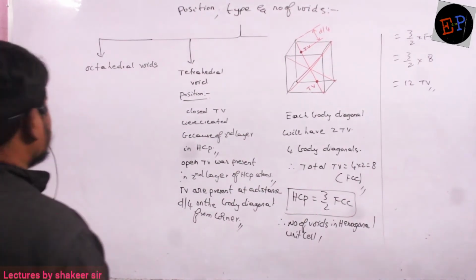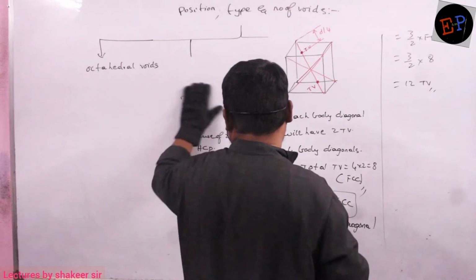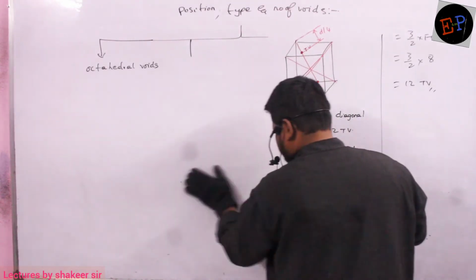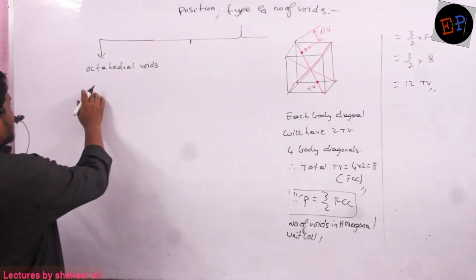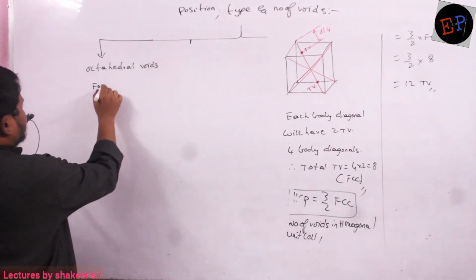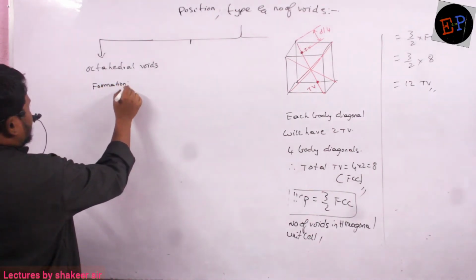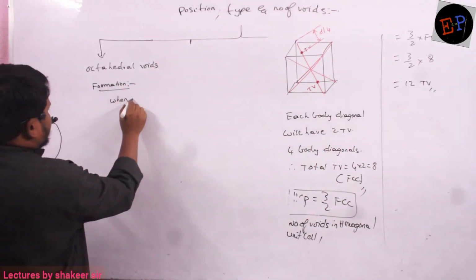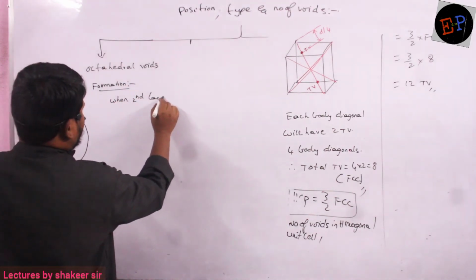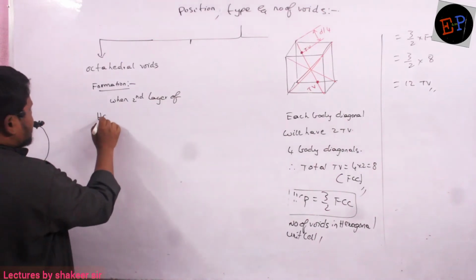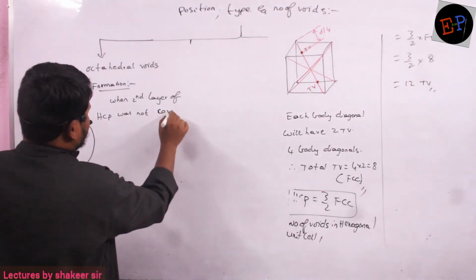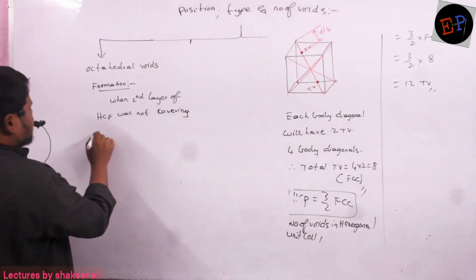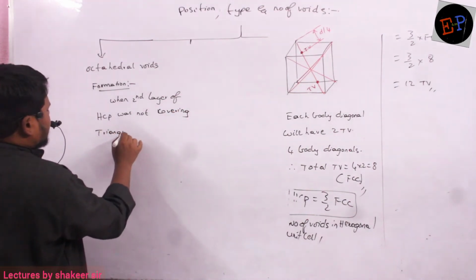Okay? Now see the positioning and number of voids which can be possible in octahedral voids. Now can you say how they are formed? Formation. When second layer of HCP was not covering triangular voids.